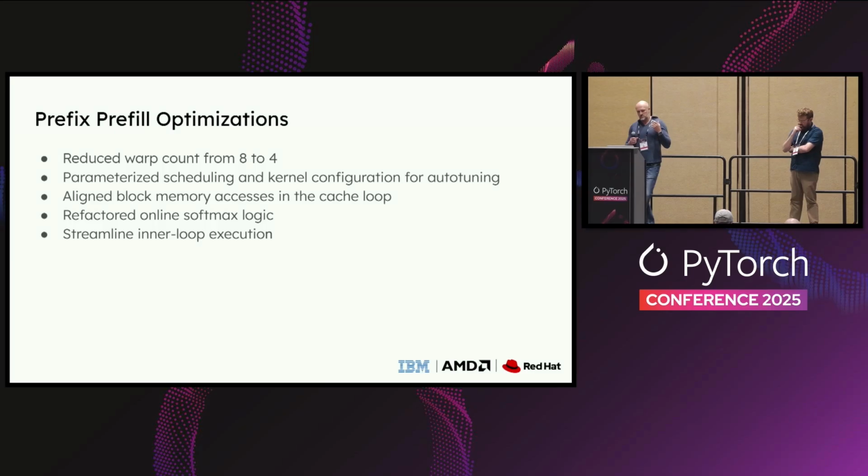So there are different ways to access memory on GPUs. It might be single element access, or it might be vectorized access. And when the kernel has vectorized access to memory, the load is the most efficient one.